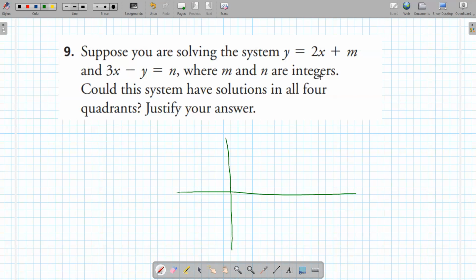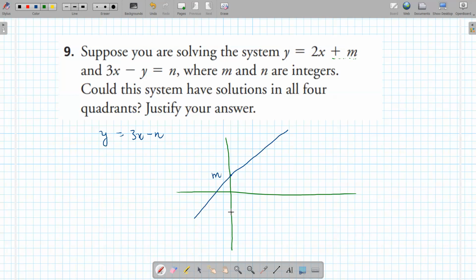So we don't know what m is, right? It's an integer. Integer can be both positive and negative. So let's assume it's something like this. That's our m value. And this equation, if you were to rewrite it, it becomes 3x minus n, which means, again, the slope we know, but we don't know the n.